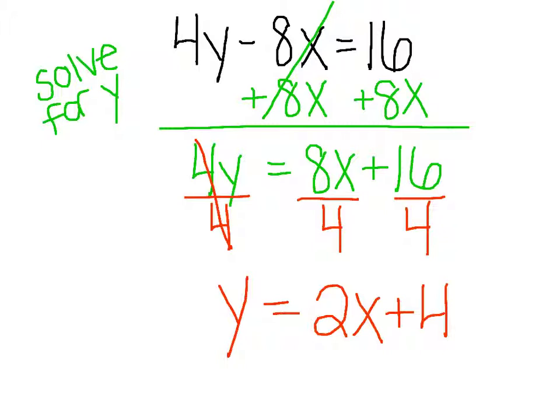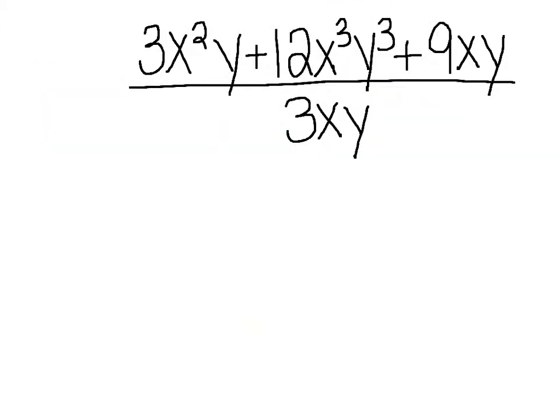We're going to take this same logic and apply it to dividing polynomials. So looking here at our first example, we have 3x squared y plus 12x cubed y cubed plus 9xy divided by 3xy.